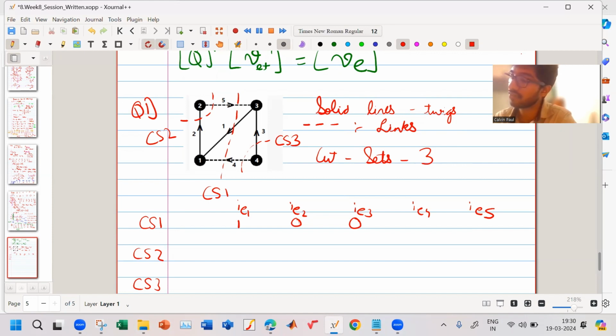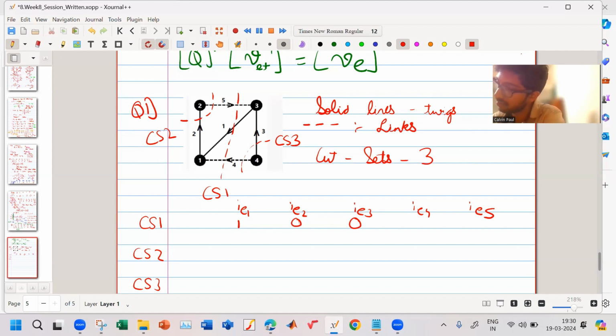Why whoever said 1 by 1? Because it is coming into the twig, into the cut set, that current. For IE4, right? Yes, but sir, for 1, it is leaving the cut set.